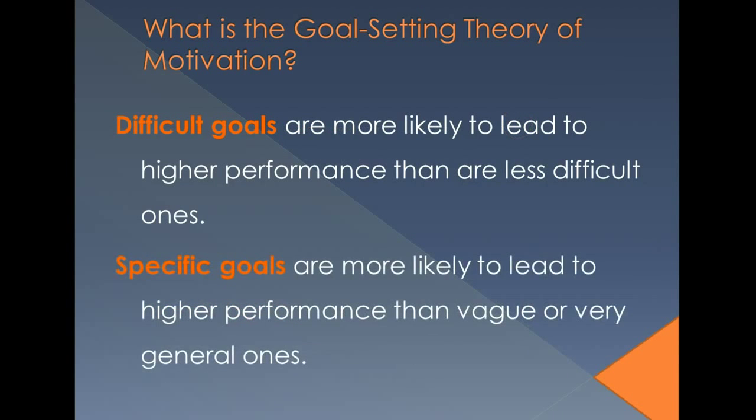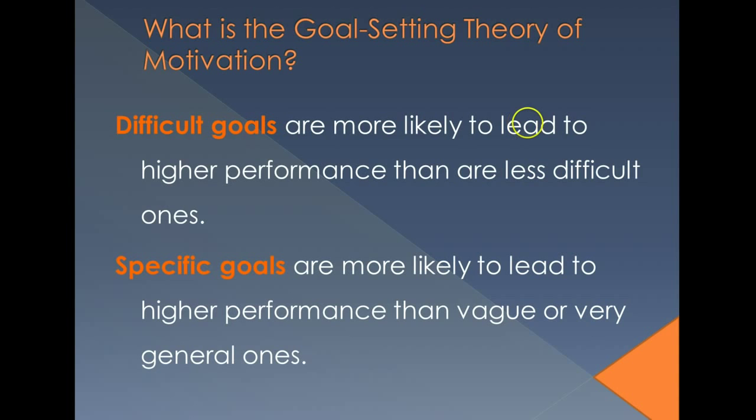If you have a specific goal for somebody, something well understood and specifically measurable, like lose 10 pounds, that will lead to higher performance than a more vague or general goal, like, okay, lose weight. So those are two outcomes of this theory.